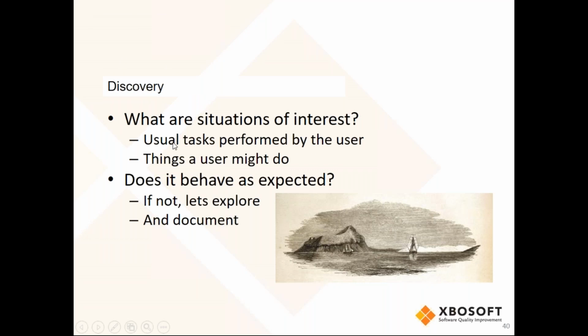So, how does it behave as you expect it to? And if it doesn't, explore, keep going. I mean, if you kill one ant in your kitchen, do you just assume that that's that?